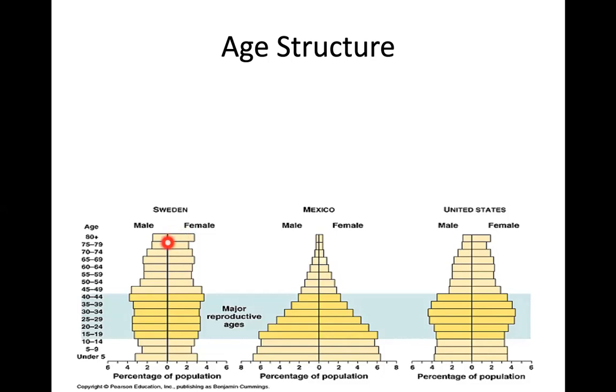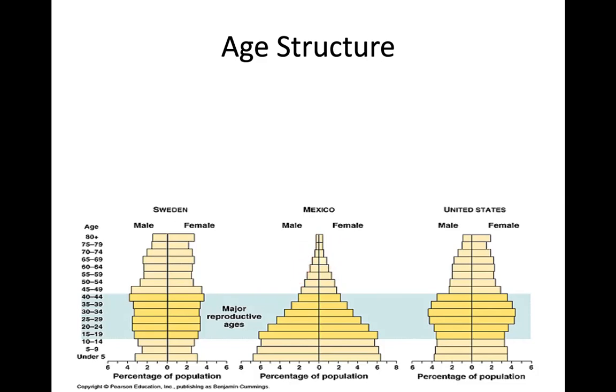You can also apply the same logic to Sweden when it comes to male versus female. So we could look at Mexico and say, okay, does the same pattern exist for males and females? And you can see that when it comes to the older ages, even though there are much fewer individuals in the older age range in Mexico versus Sweden and the US, the female population is still slightly larger than the male population in these age ranges.